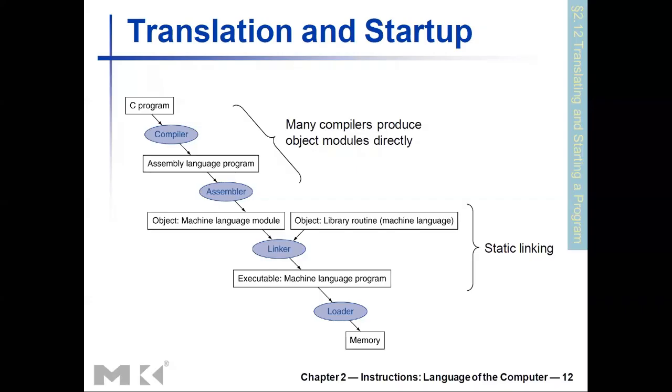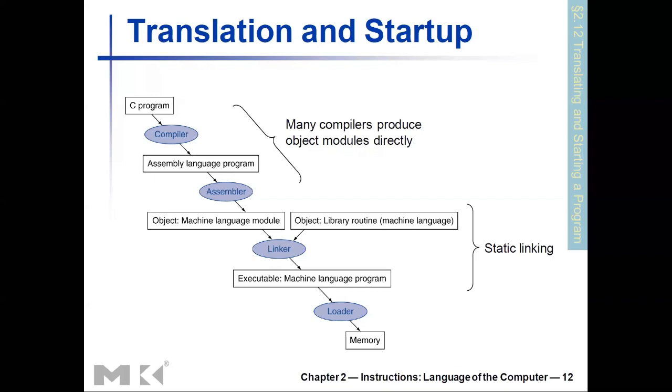The compiled library functions can be kept in the operating system, so you don't need to compile them again and again, because every other program is going to use the same implementation. So you have the object code generated for library routines, and then you need to link these two together.